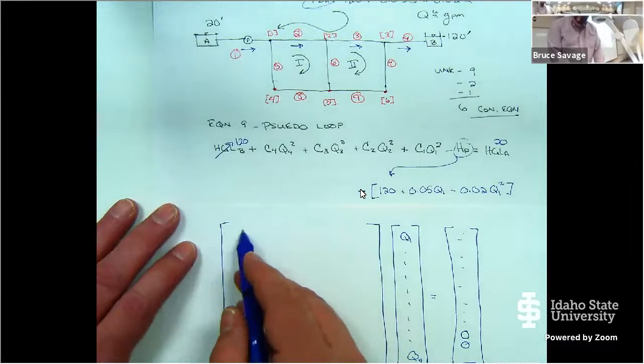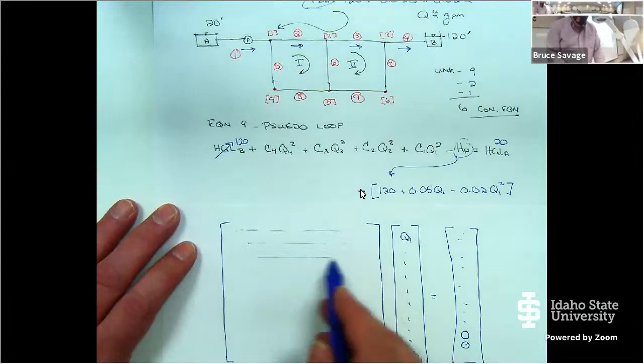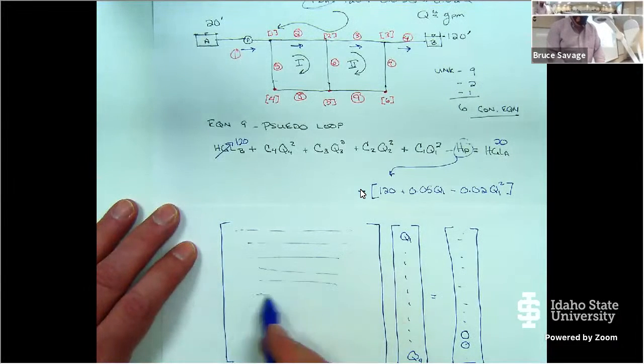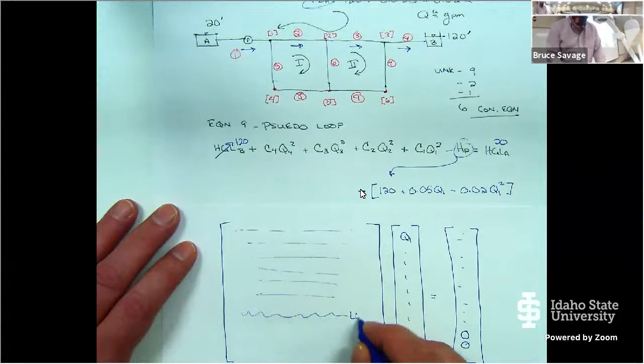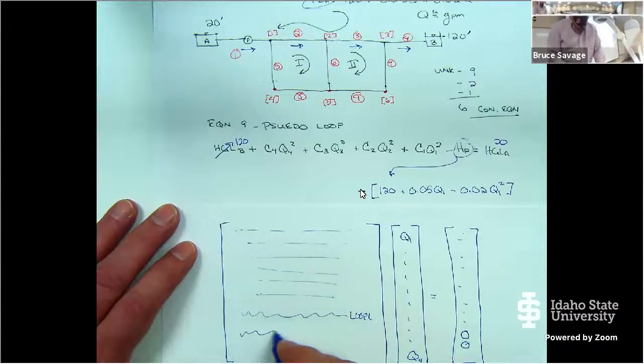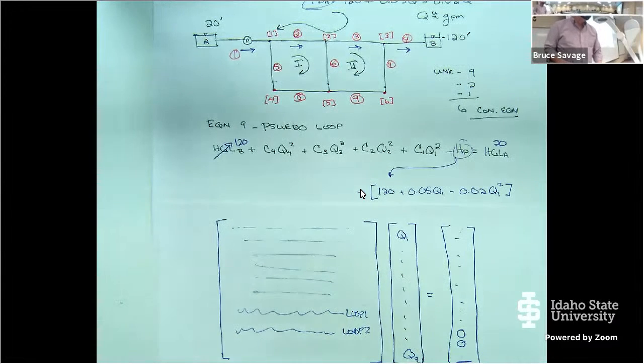You know already how to fill out all these. There's my 6 continuity equations. Here's my pseudo loop 1. Here's my pseudo loop 2. And now I want to fill out my pseudo loop. Okay.